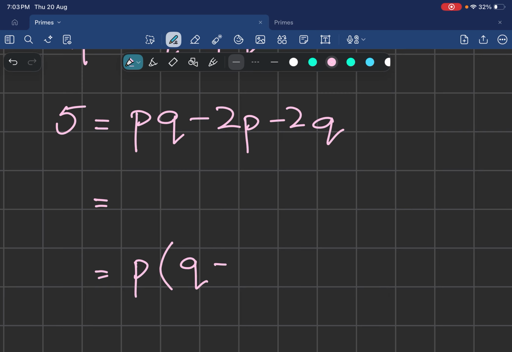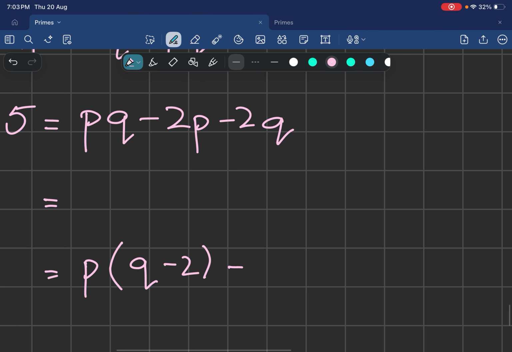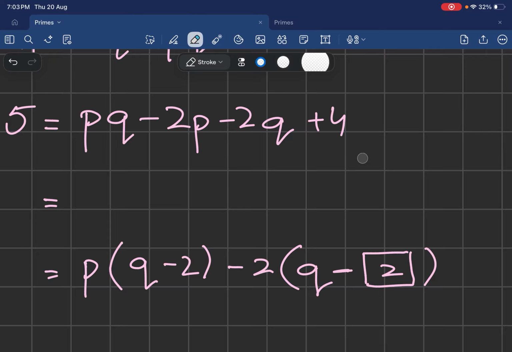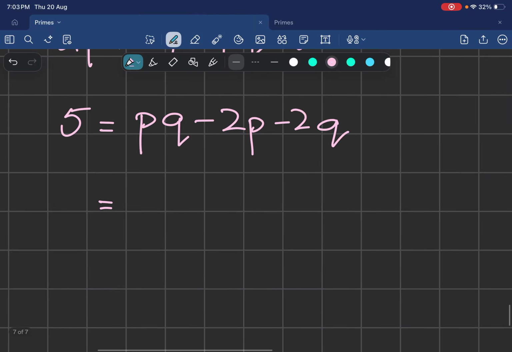If I factor p, I'll get q minus 2, and then I'll have minus 2q. From here I can factor out 2, this will give me q, so I have to make it 2, which means I need 4 here. If there was 4, then if I take 2 common, it will be q minus 2. So I have to add 4 on both sides before this step.